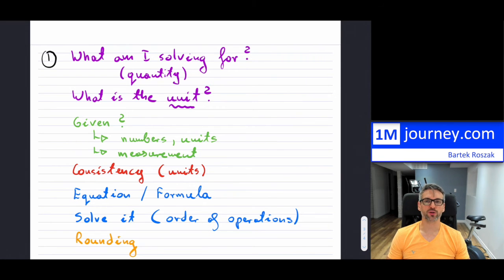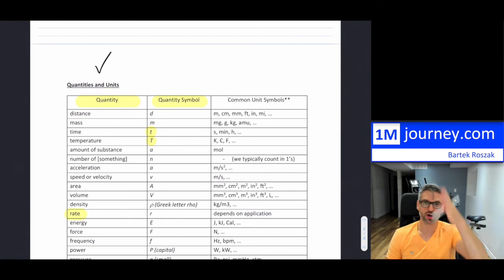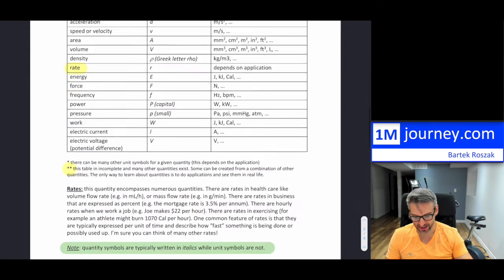So that's what I'm looking for. I'm really looking for which one of these quantities. So in this first column that we have, what are they trying to find? Again, that quantity might not be here. It might be something that your teachers express to you, but it will be that first item that I always ask about.